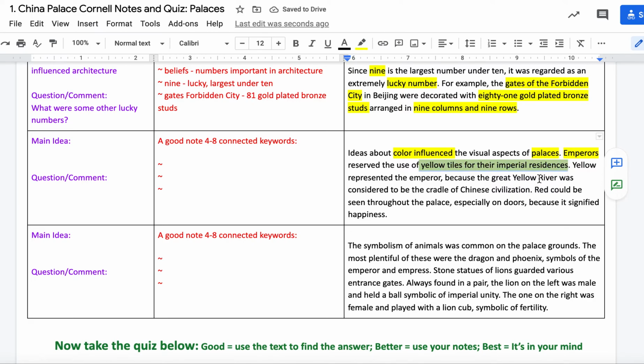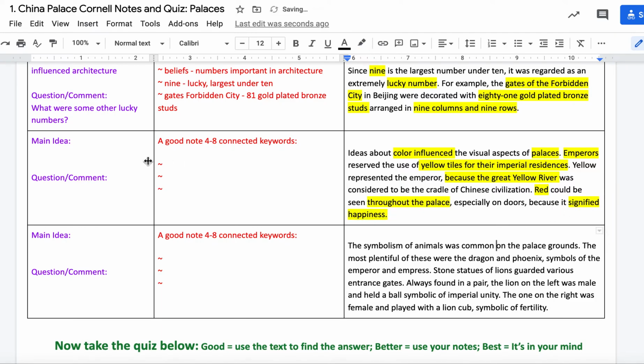And the reason for this was because of the Great Yellow River. All right, and we also want to talk about how red could be seen throughout the palace, especially on doors, because it signified happiness.